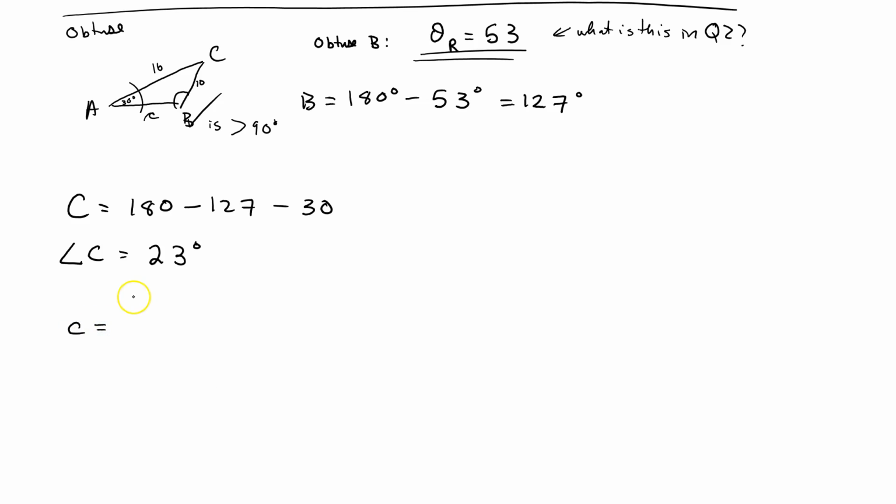So length C, the way we do that is we're going to use the couple of information here. This one and this one. So since I'm finding a length, I'm going to put the length on top. So 10 over sine 30 equals little c over sine of angle C, which is 23.